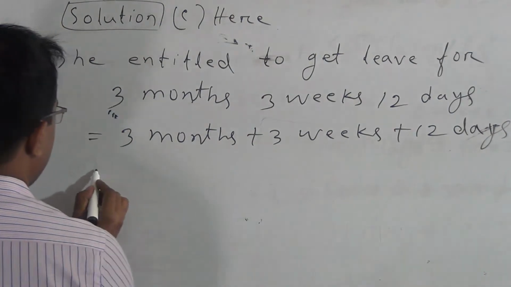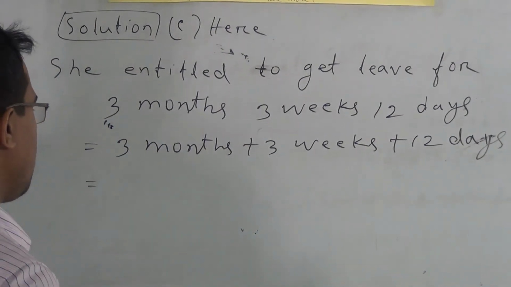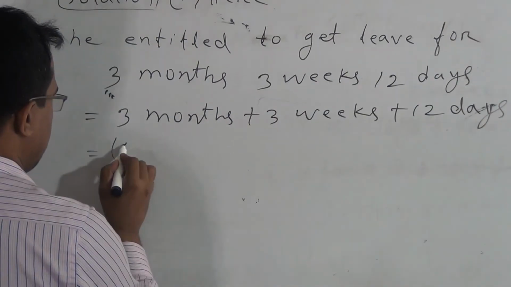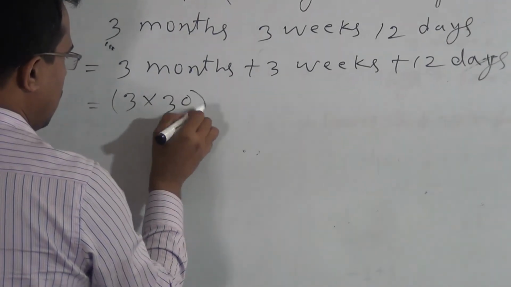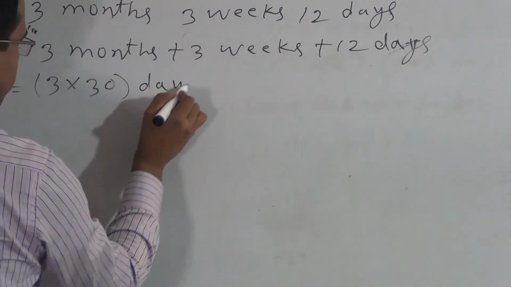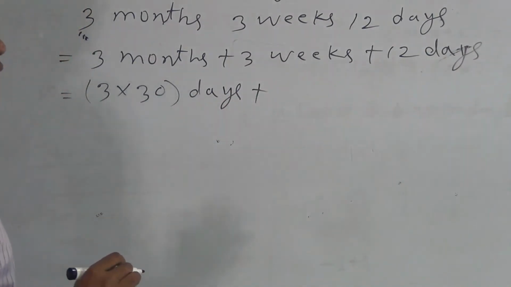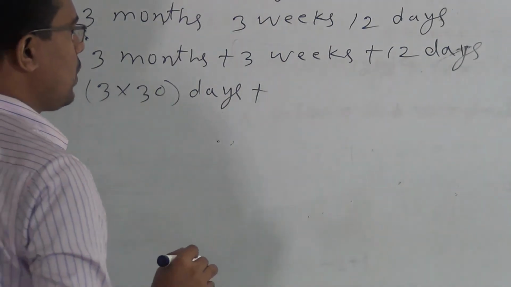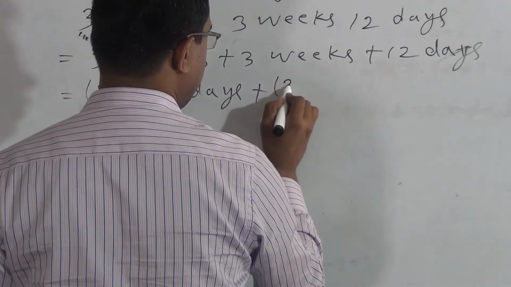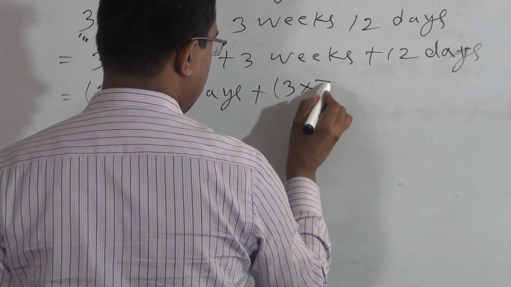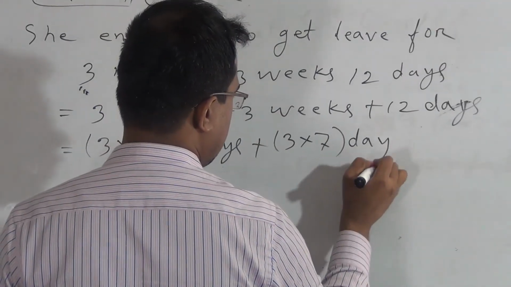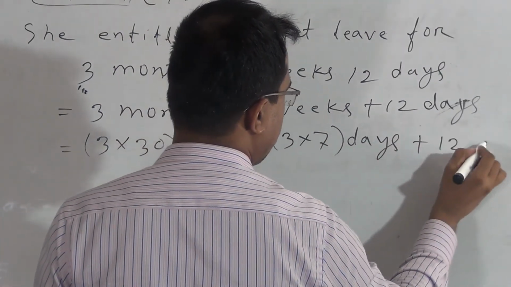We know that 1 month is equal to 30 days. So 3 months is equal to 3 times 30. That means 3 multiplication 30. Now you have to write days. Plus 1 week is equal to 7 days. So 3 weeks is equal to 3 times 7, 3 multiplication 7 days. Plus another 12 days.